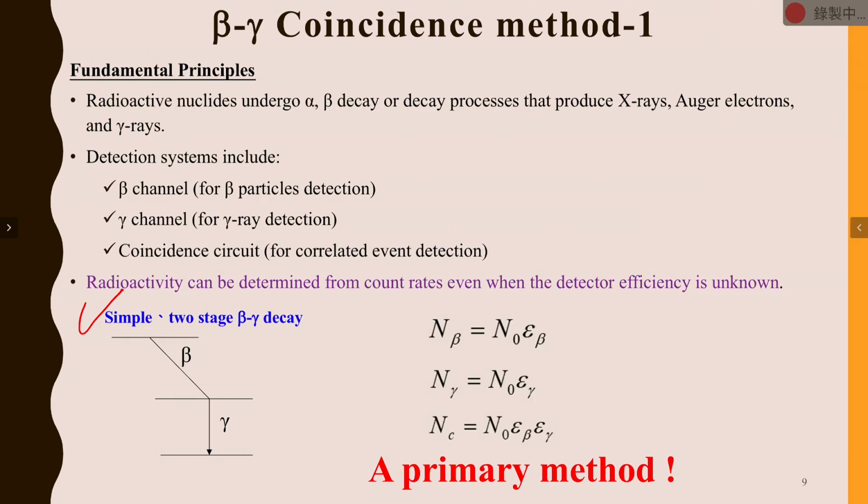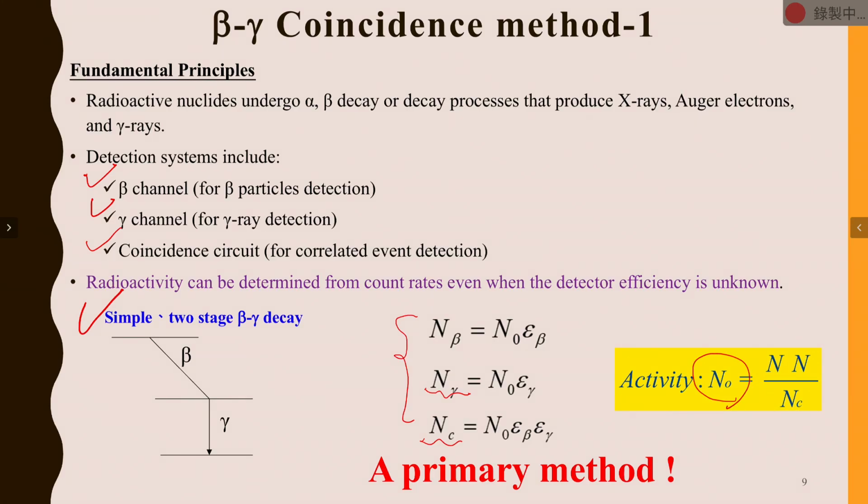N beta is the beta counting rate, N gamma is the gamma counting rate, and NC is the coincidence counting rate. So this system includes a beta channel, a gamma channel, and a coincidence circuit. By using this, we can determine the absolute activity N0, and we can calculate the result. Here is N beta times N gamma over NC.